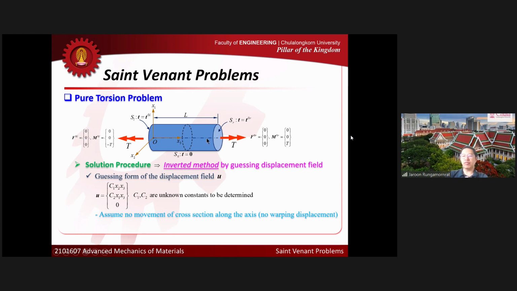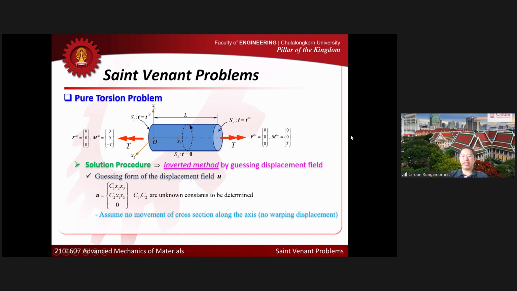We don't know exactly whether this is correct or not, but it's a good assumption, because if you look at the torsion applied here, if you make a cut at any cross section, you see exactly the same net torque applied to the cross section.